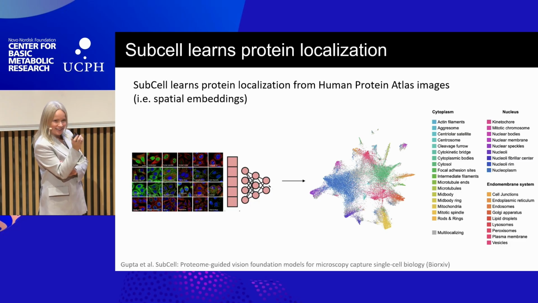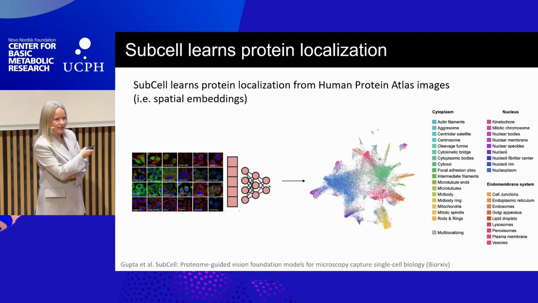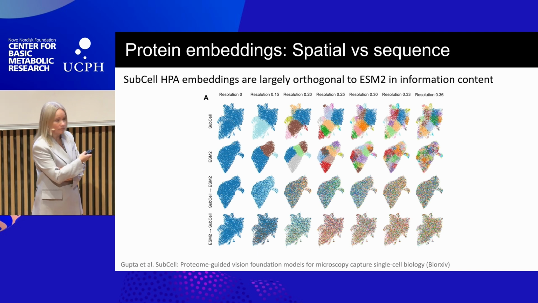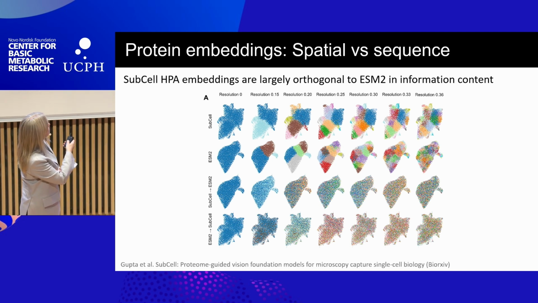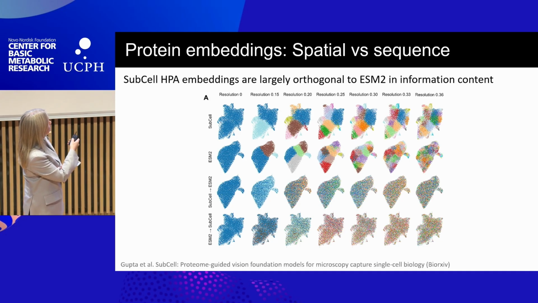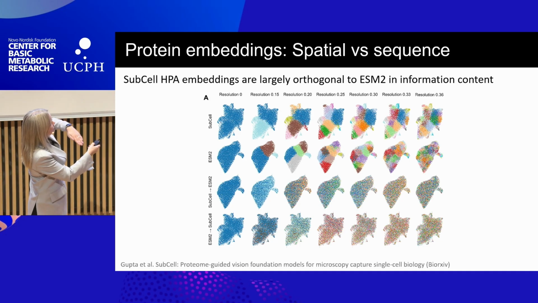A question that I often get, so I'm going to preempt that question, is: if we look at these embeddings, how do they correspond to protein language model embeddings of protein sequence, for example? And actually, they don't correspond very well at all. At the top here, we have all these proteins clustered by the SubCell embedding, and then we do a hierarchical clustering to different levels.